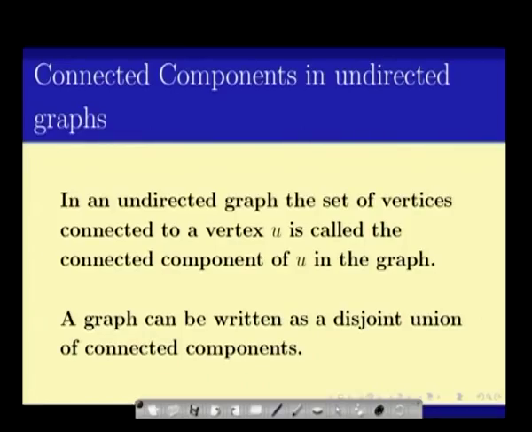So, if u is connected to v, then v is also connected to u, and the set of all vertices that are connected to a particular vertex u is known as the connected component of the vertex u. A graph can be written as a disjoint union of connected components.